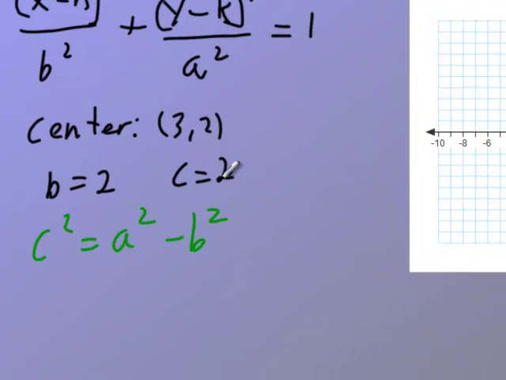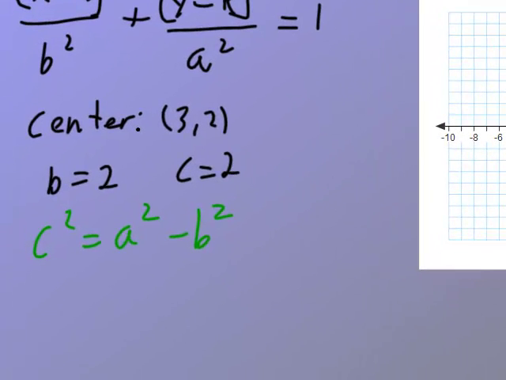So we may as well go ahead and find b and c to begin with, because it looks like we will need both. And now I'm going to substitute in my values. So I'll have 3 squared equals a squared minus 2 squared.